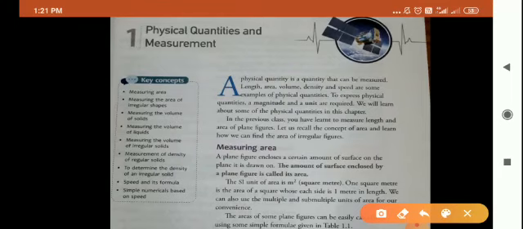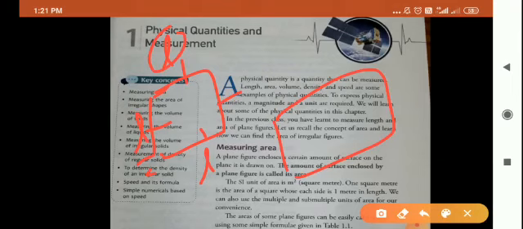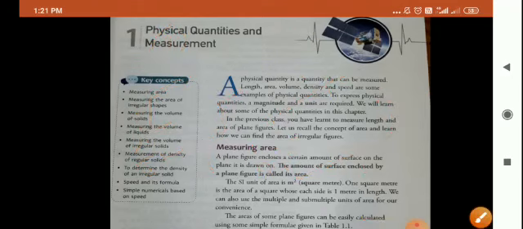Those figures which have two dimensions, like a square, which has length, though all its sides are equal. Similarly, a rectangle has two dimensions, length and breadth. So the amount of surface enclosed by a plane figure is called its area.